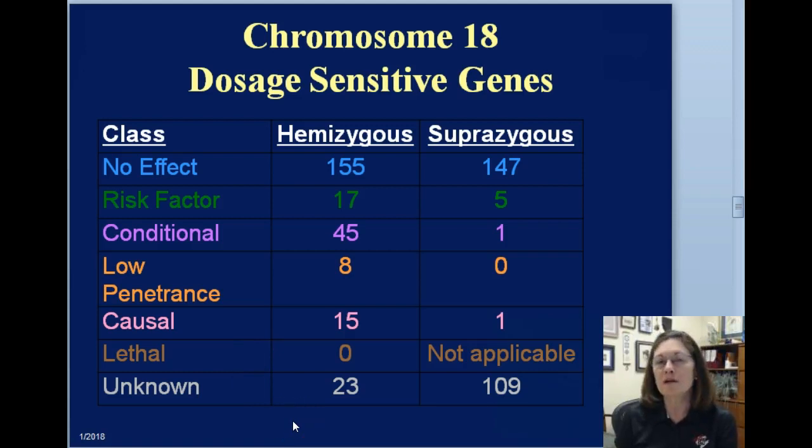In the unknown category, genes which I can't even venture a guess about their role, there are 23 of those when they're deleted and 109 when they are duplicated. So we know a lot less about the duplications, but we're working on it. We're getting there. It's a harder nut to crack because it's much more complicated for a lot of different reasons, but that doesn't mean we're not working on it.